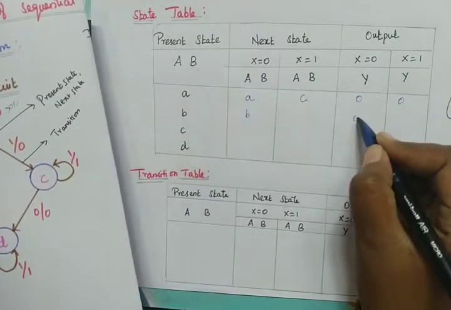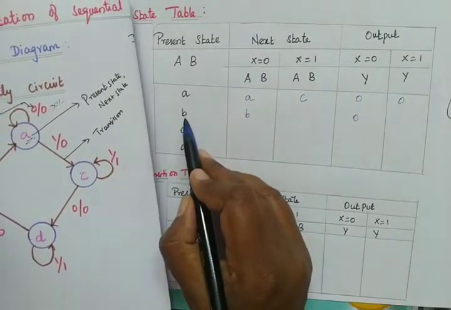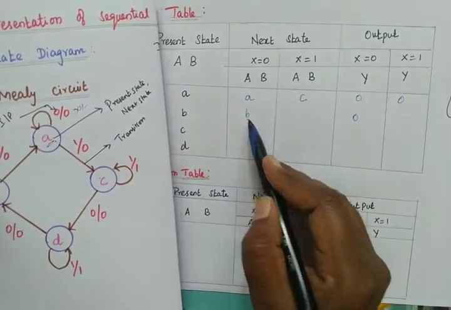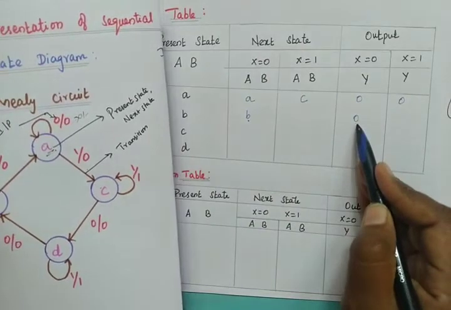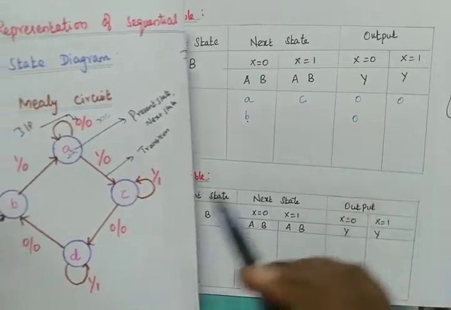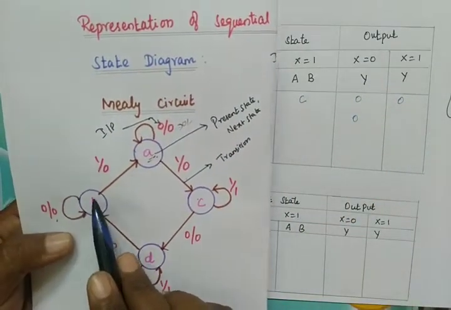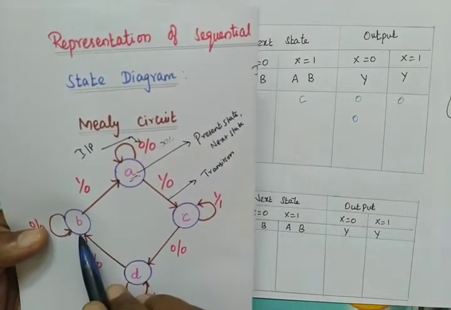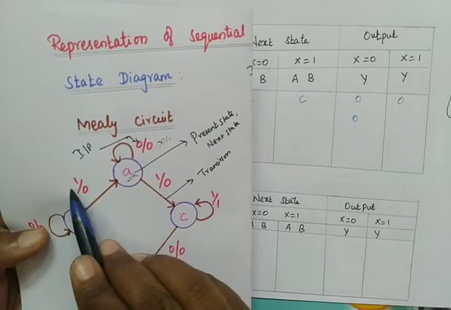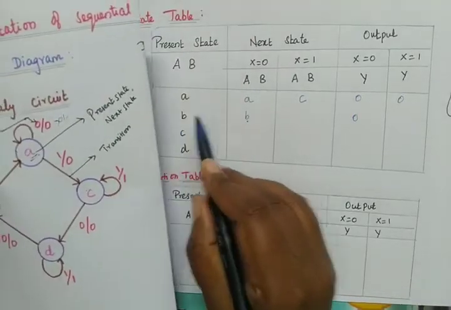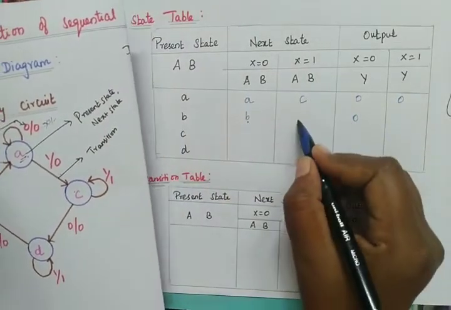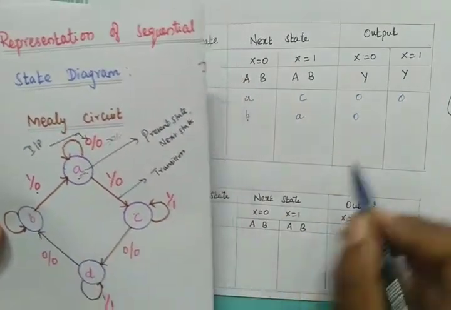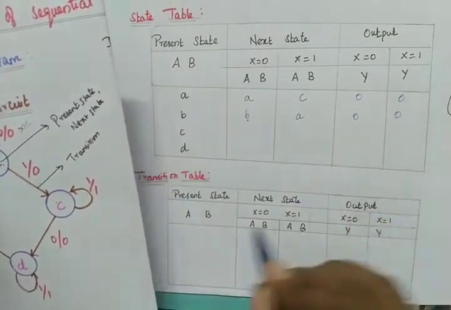So write 0 here, because for the present state B, for the input 0, the next state is B, and the output is 0. Next, B, when the input is 1, see this arrow mark? It goes to A. And what is the output? The output is 0. So write 0 here.